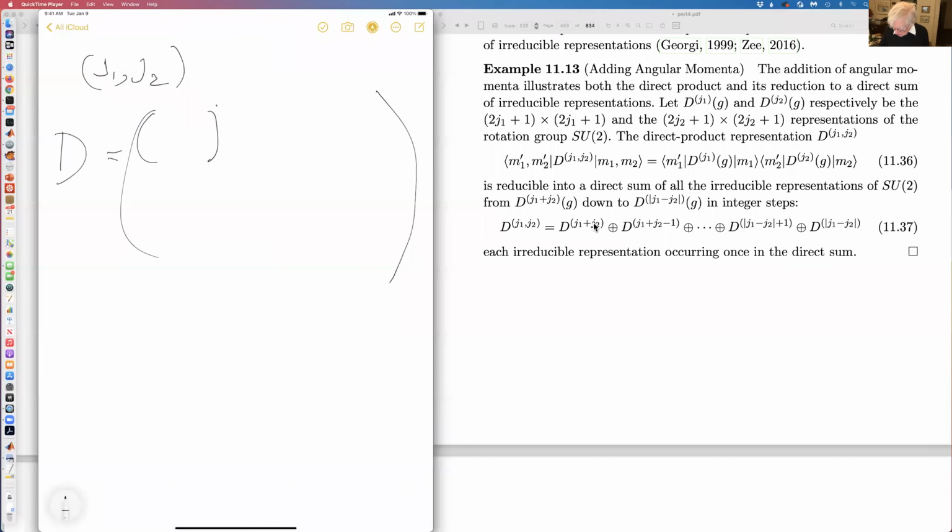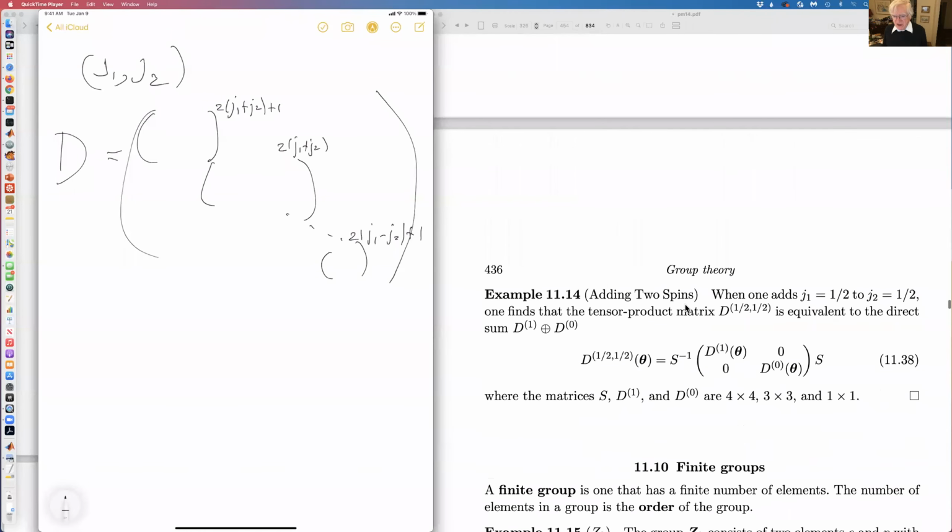So this will be a (2(J1 plus J2) plus 1)-dimensional square matrix. Then there'll be one here that'll be for J1 plus J2 minus 1, and then dot, dot, dot down to the absolute value of J1 minus J2, times 2 plus 1 dimensional square matrix. So that's the way it works.